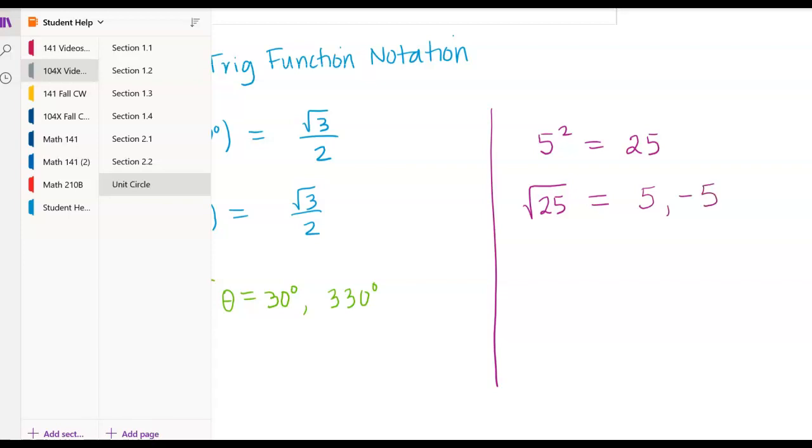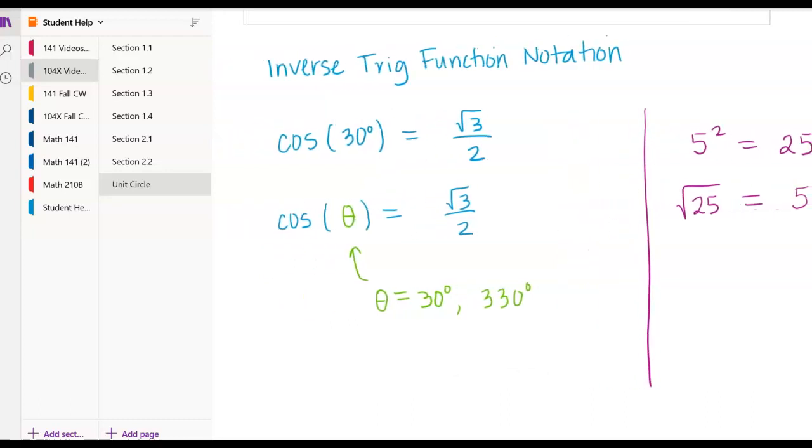I don't know which of those two numbers was squared to get to the 25, so I have to put them both as a potential answer. Same thing here. I don't know which of the two angles was considered initially, so I have to put them both as a possible answer. The way that this will normally be written in a math problem that you'll come across is with an inverse notation.